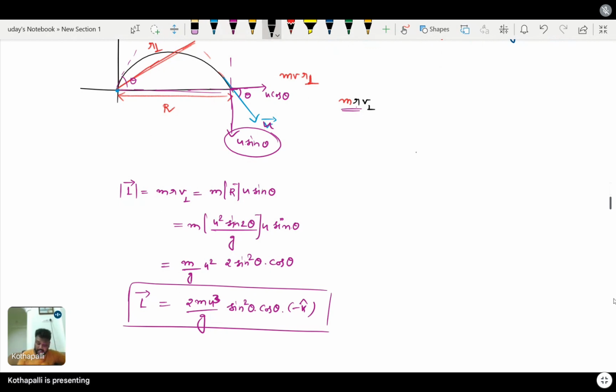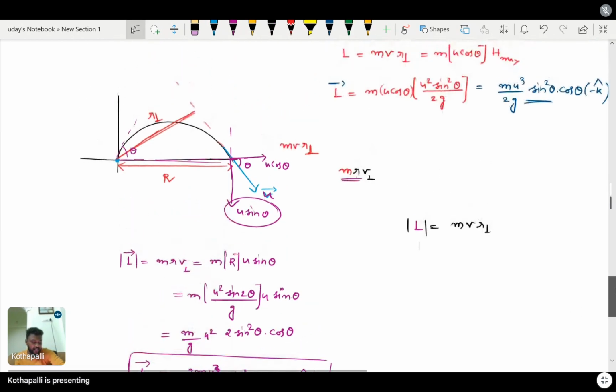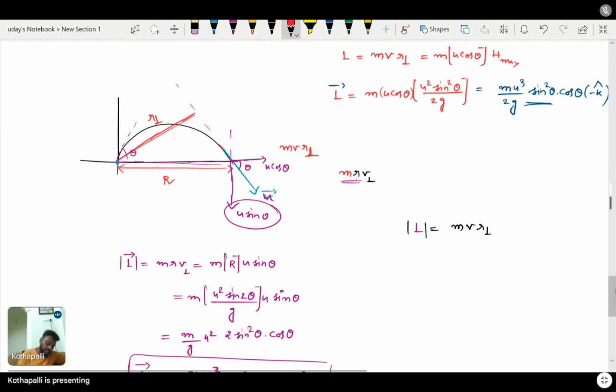Another condition, let's see. L is equal to the magnitude of M V R perpendicular. Let us check the value of R perpendicular. V is U only. So now this length I need to calculate. As I discussed, if I take this angle as theta, and this is the line of action of velocity, then this will be theta too, isn't it? Opposite angles of the same two pair of lines. So this and this are theta.